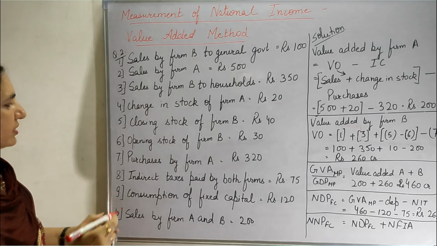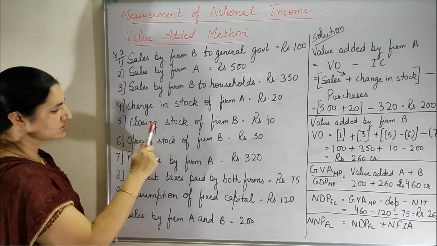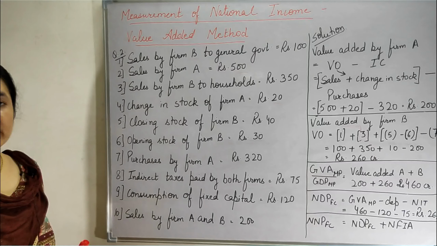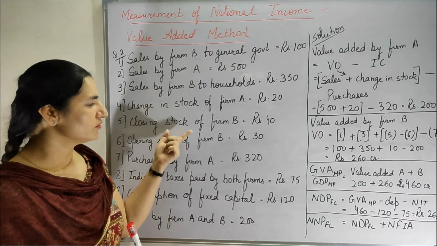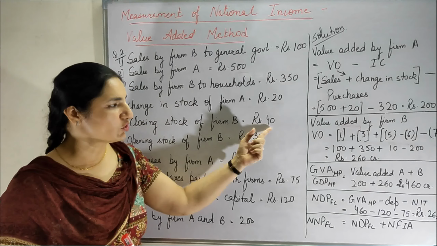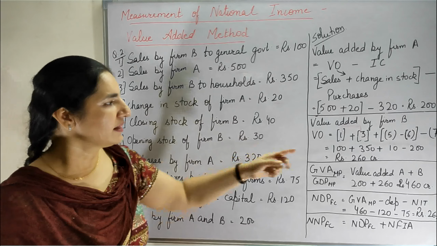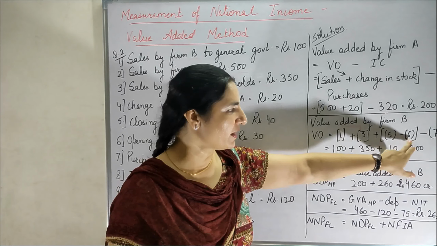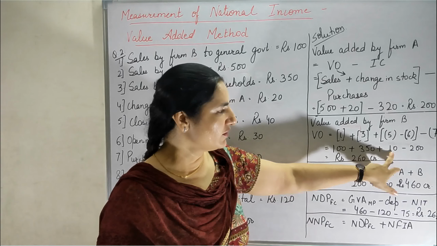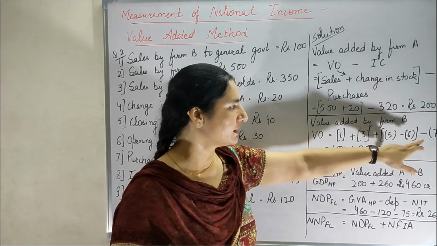Then change in stock is also given to us as closing stock and opening stock. We have to calculate the change in stock. So it is always equal to closing stock minus opening stock, that is 40 minus 30, that we have done here, point number 5 minus point number 6. So we arrived at 10 value, which is 40 minus 30.